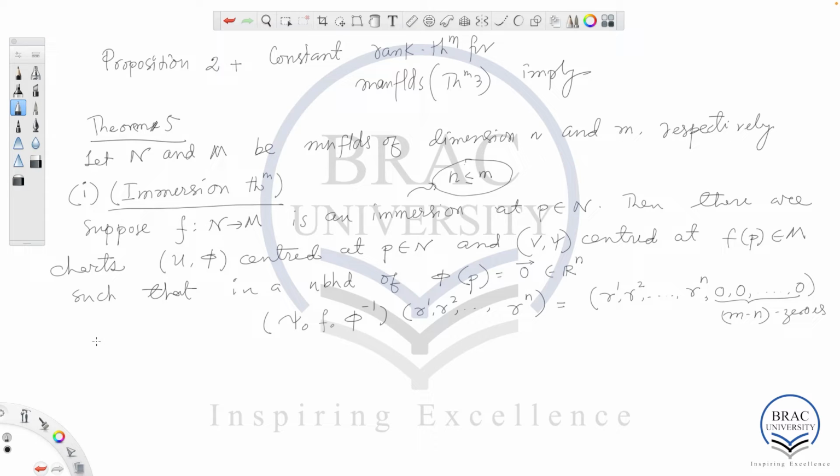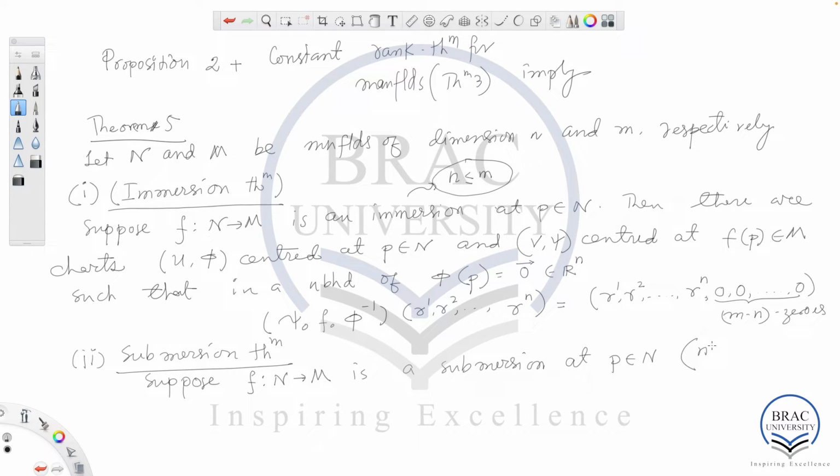Okay, so now the submersion theorem. Suppose f from N to M is a submersion at P in N. In this case, n is greater than or equal to m.